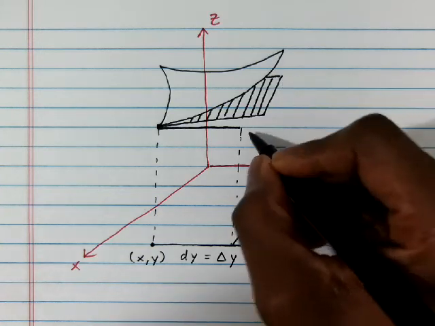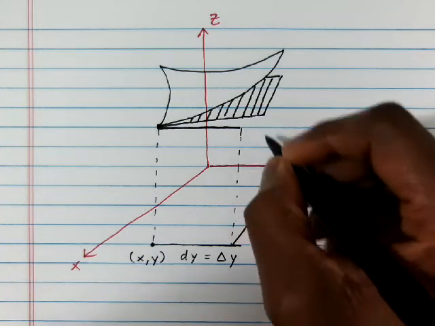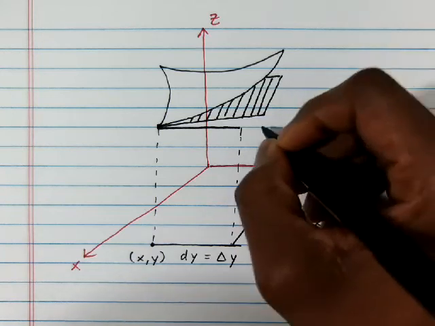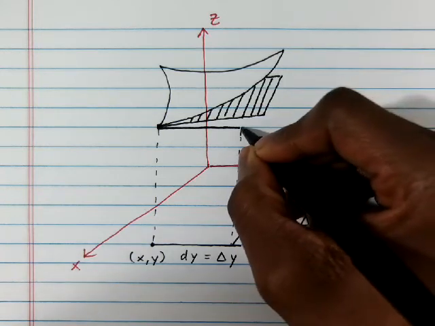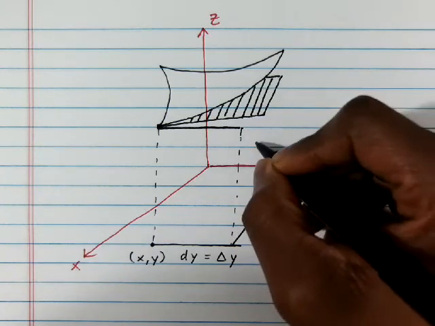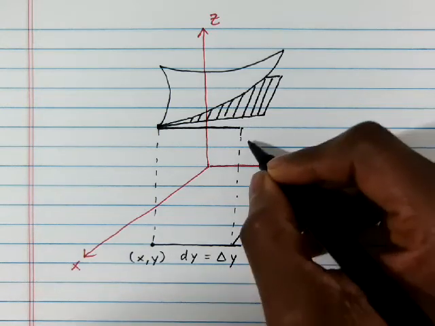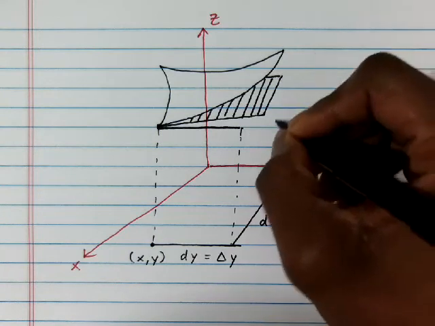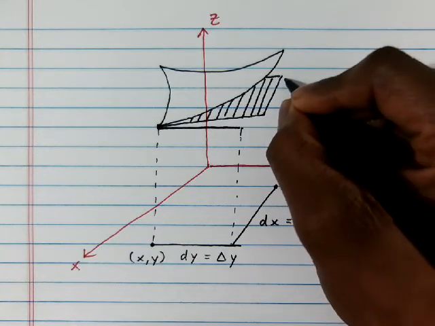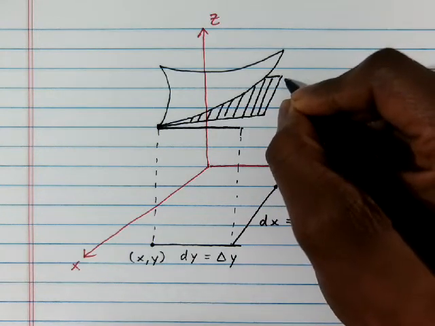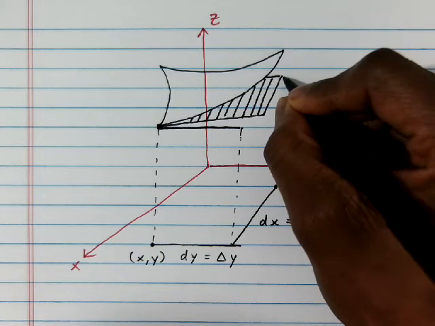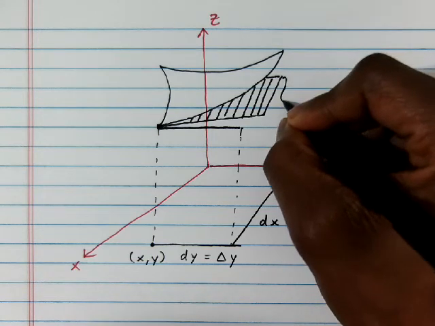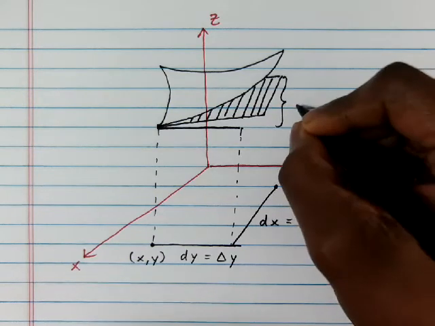So let's see if I can sketch this. This is supposed to be parallel to that line down there, but it's not, because otherwise it's going to mess up our picture. So actually, let's just do this. The change in z on the tangent plane will be that.